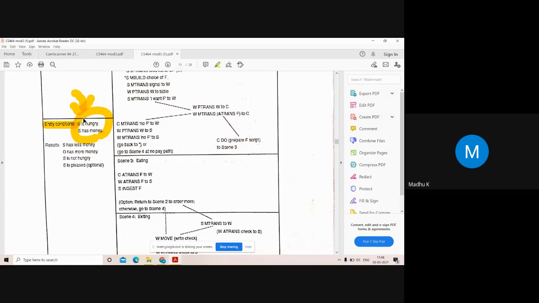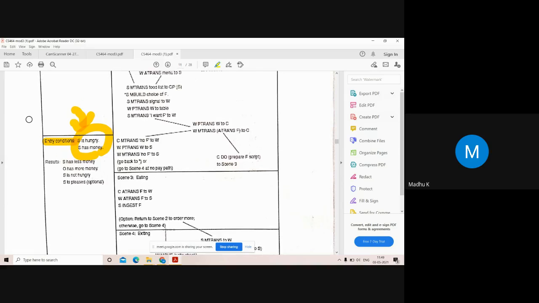This condition should be true for the script to execute. If a customer S is there, S is hungry, S has money, then only will the defined script be executed. So in the restaurant script case, the entry conditions are S is hungry, S has money.